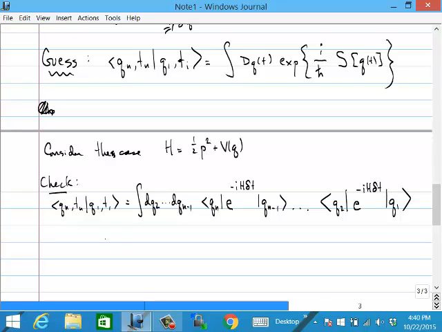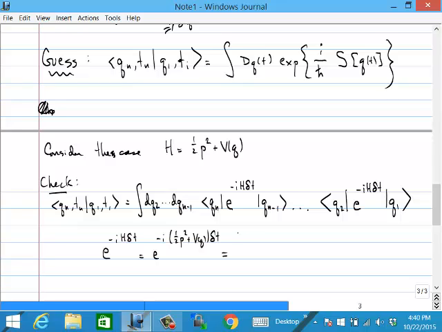Then you can go ahead and study this infinitesimal time evolution operator. So what is that? That's e to the minus i (1/2 p squared plus V of q) times delta t. And let's just expand this out to leading order in delta t.